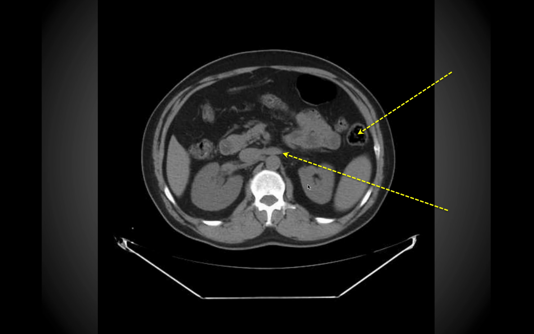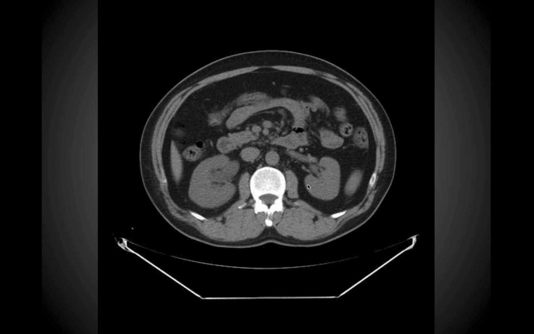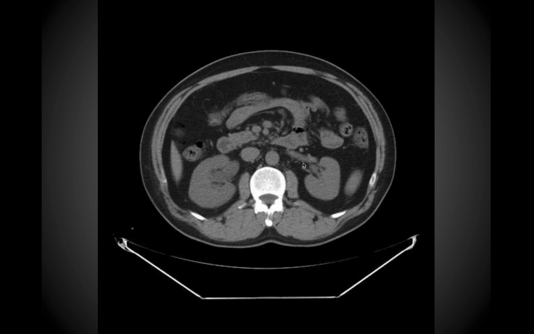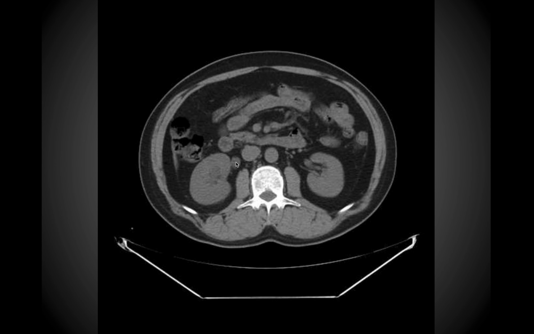So we're going to keep on descending down here. And again, here you see that left renal vein quite clearly. And again, note the size difference between the two ureters. So you can see that the right ureter is clearly much larger than the left ureter.